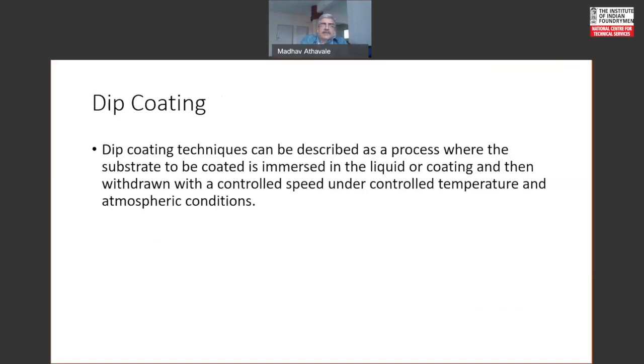So very simply, the dip coating technique can be described as a process where the substrate to be coated, that is your core, is immersed in the liquid coating and then withdrawn with a controlled speed under controlled temperature and atmospheric conditions. You have to keep in mind that if you go to Europe or some parts of USA, many parts of the world, the winter conditions can be very, very severe. That's why this mention of controlled temperatures and atmospheric conditions.